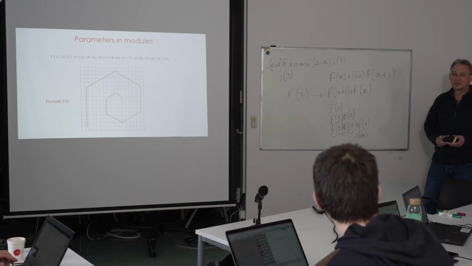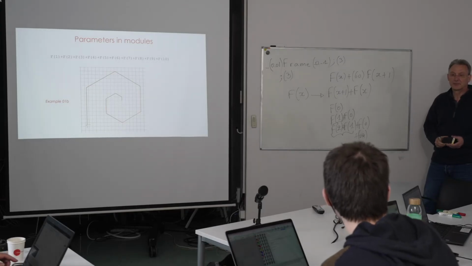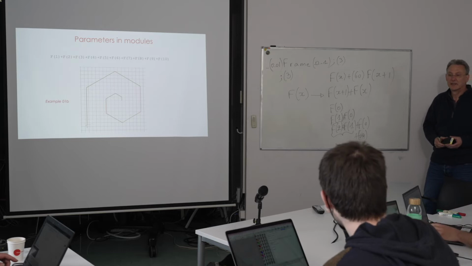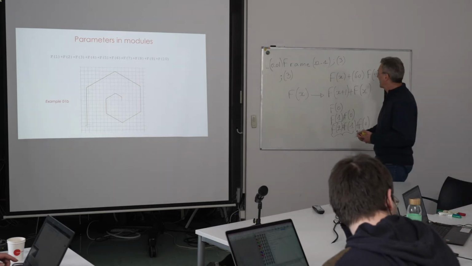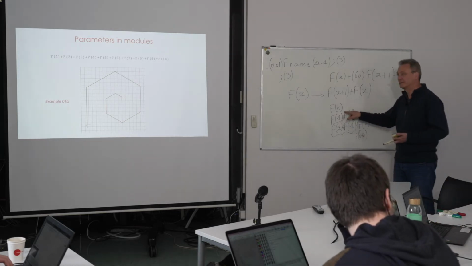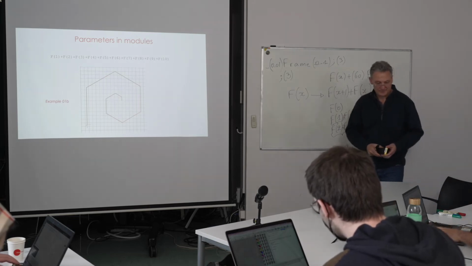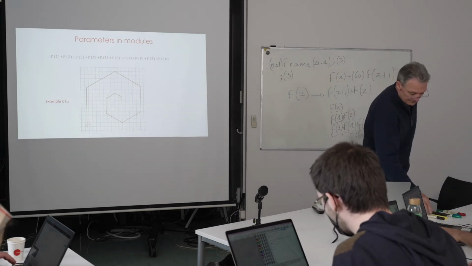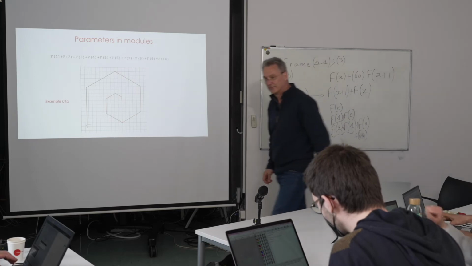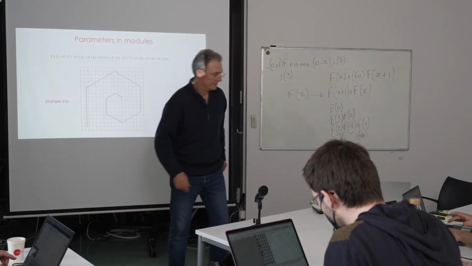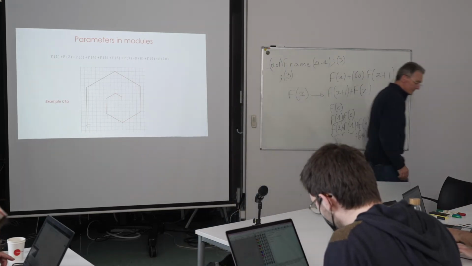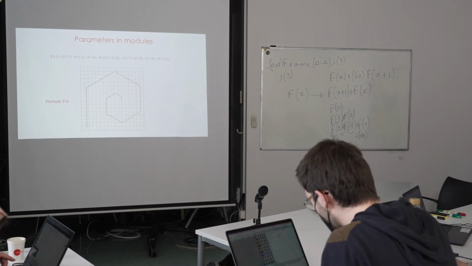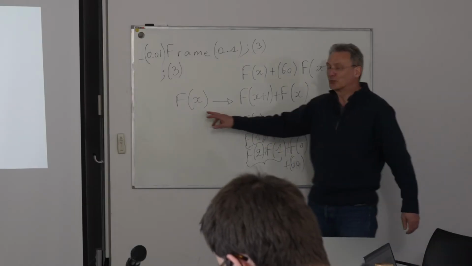Did you try this on your computer to see whether it works? And what do we put as axiom? An axiom would be f of 0. Sorry, maybe you need to go for the rule here.